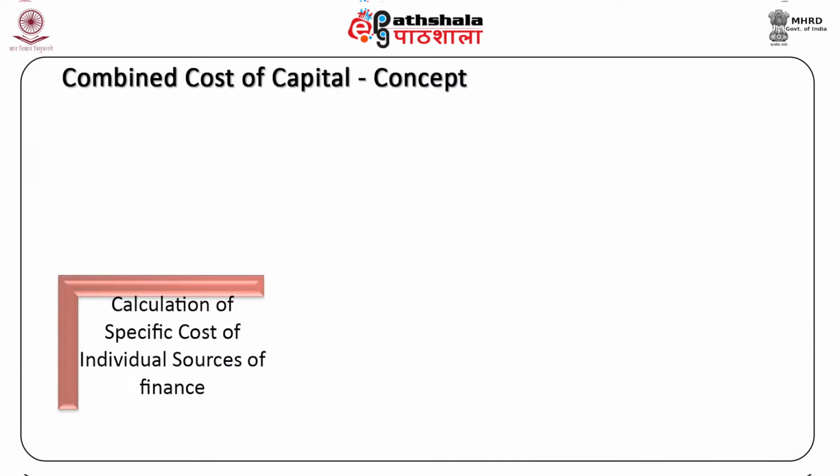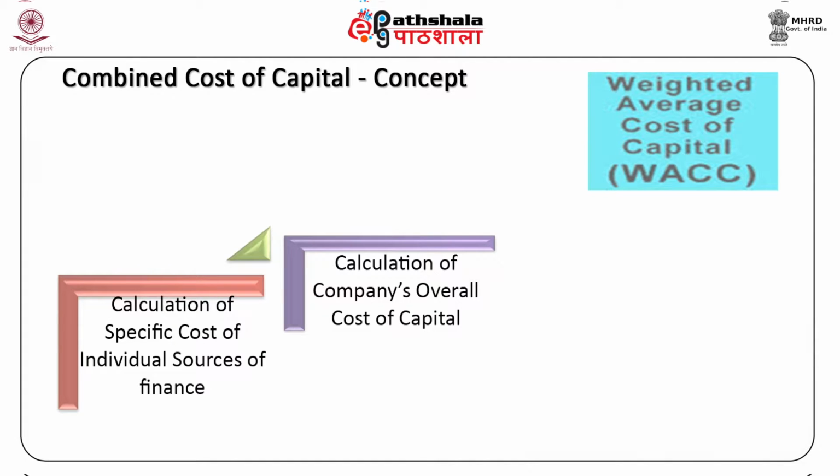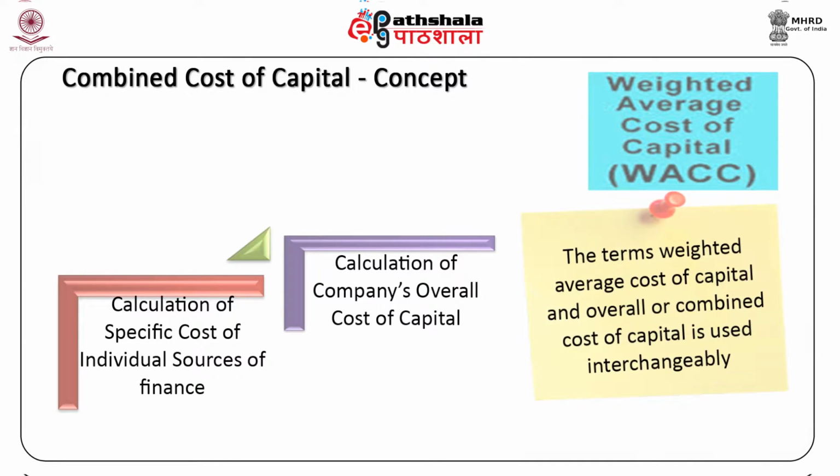The next step is to calculate the company's overall cost of capital by combining all these individual costs together depending upon the weightage each source of finance has in the firm's overall capital structure. That is the reason that the terms weighted average cost of capital and overall or combined cost of capital are used interchangeably.